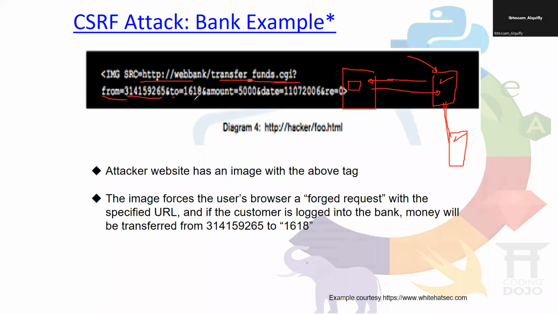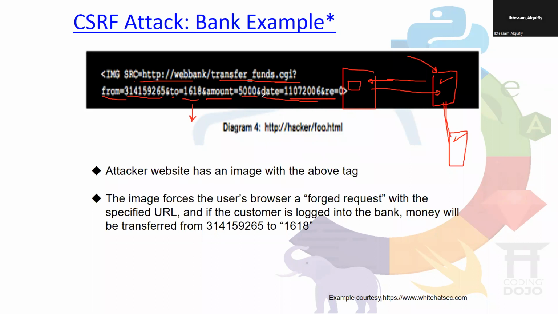Add this query string, and this is an account number owned and controlled by the attacker. And then the amount, which the attacker will specify according to how much you have in your bank account. Maybe 5,000. If it doesn't work, he will make it less, or maybe he will make it higher again. Then the date, he will specify the date.